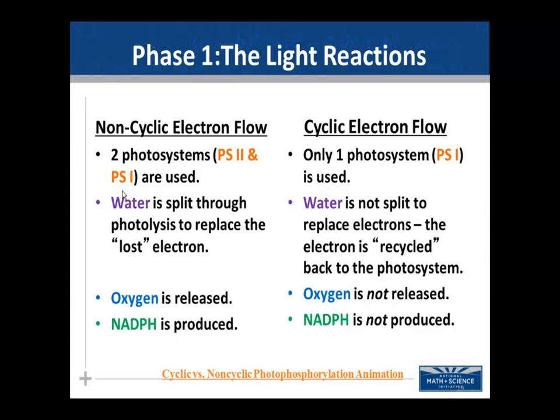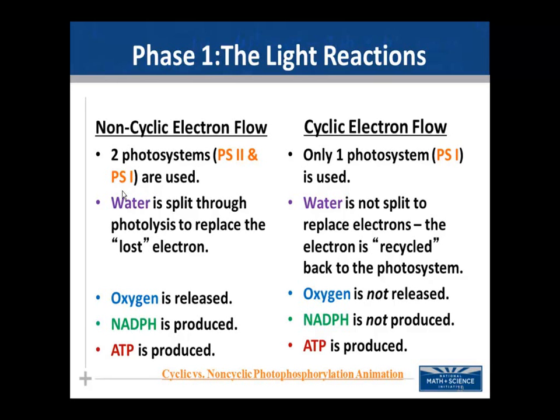In non-cyclic electron flow, NADPH is produced from using that electron from photosystem 1, but in cyclic electron flow, that electron is not available to produce NADPH because it is cycled back to photosystem 1, and so NADPH is not produced. In non-cyclic electron flow, ATP is produced. It is also produced in cyclic electron flow.